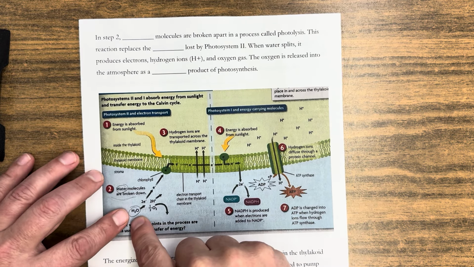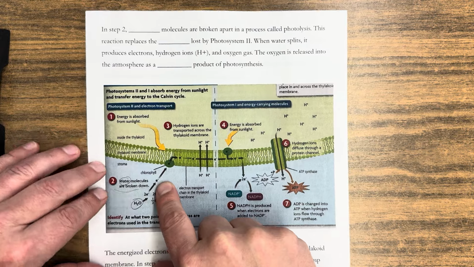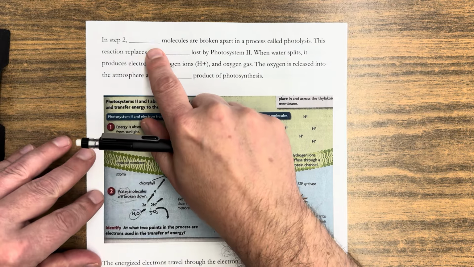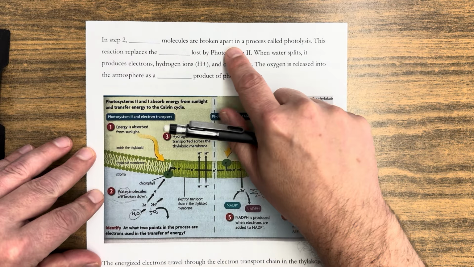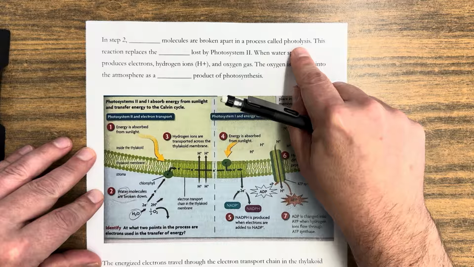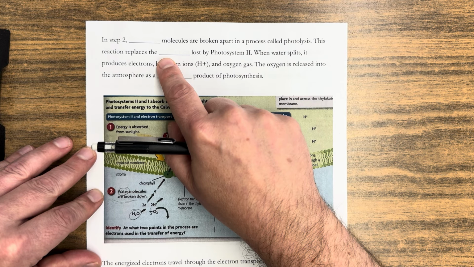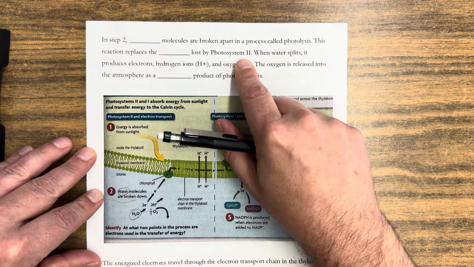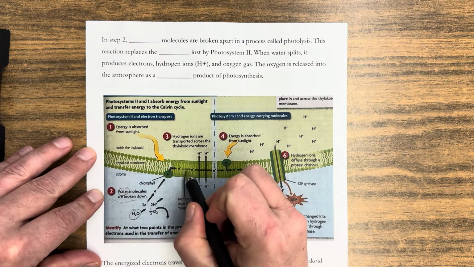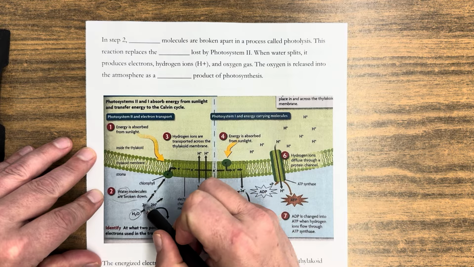The purpose of this water is to donate some electrons. In step two, water molecules are broken apart in a process called photolysis. This reaction replaces the electrons lost by photosystem 2. So one electron goes, more electrons come in to take its place.